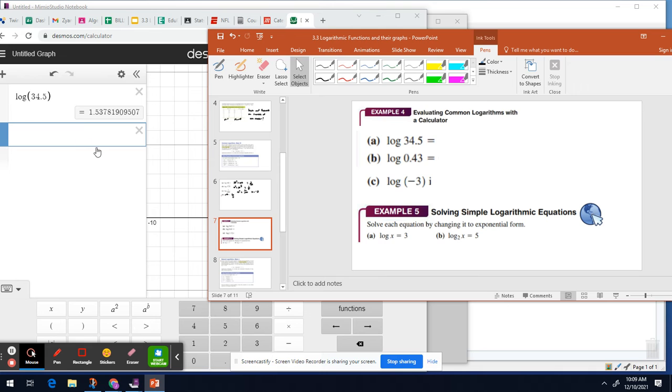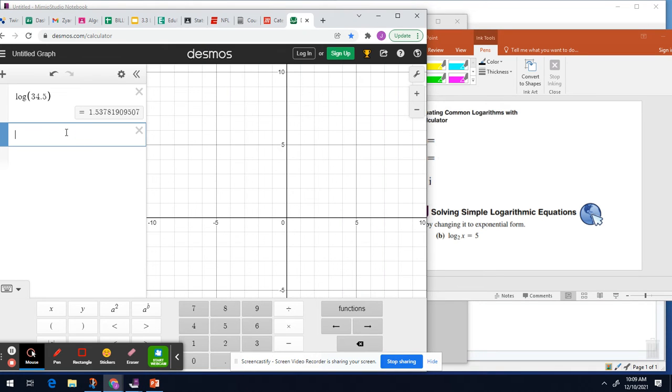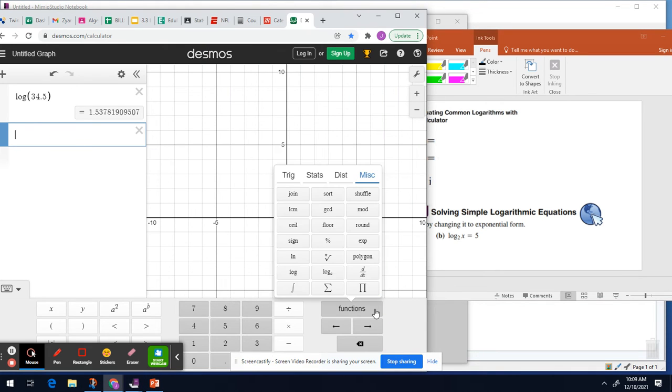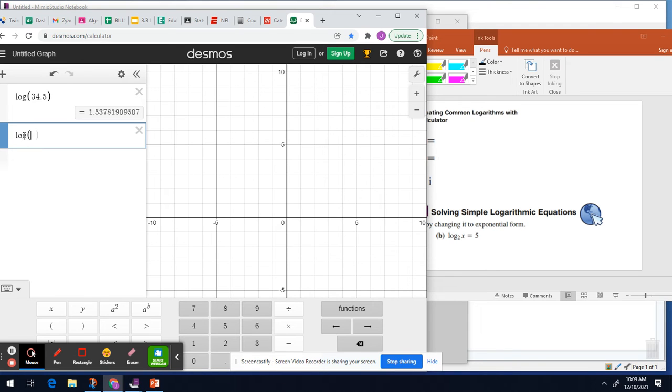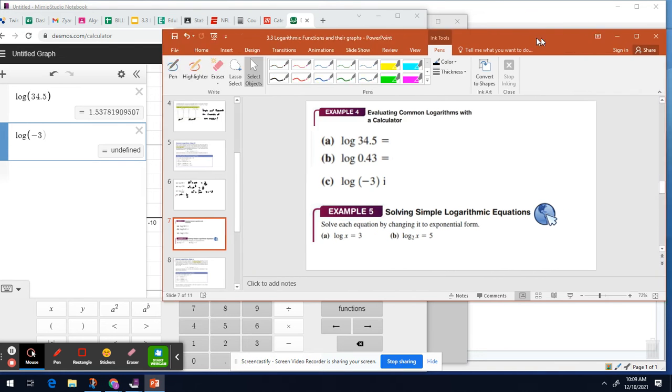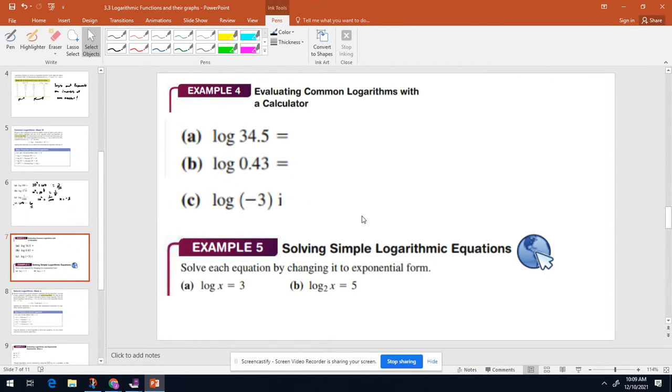Want to make a note here. If you put in that last example, so again, go to functions, put in log of -3. Notice how it says it's undefined. That's a really, really, really important fact right there. Okay, I can never have log of any base and a negative value here.